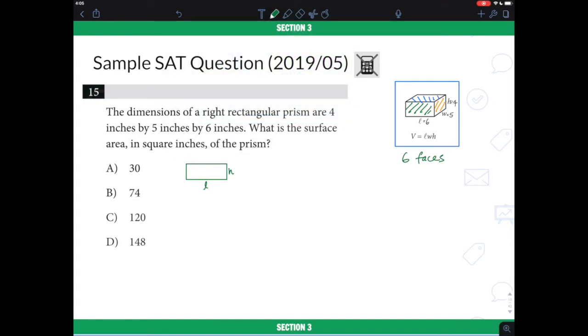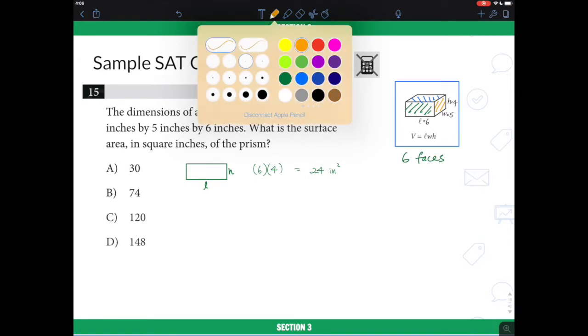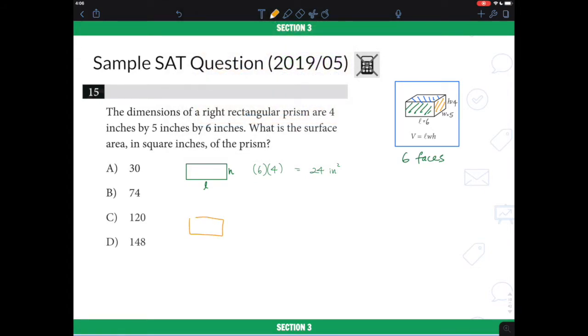Length times height is 6 times 4, which is 24 square inches. That's the little face right there. Then we have the orange side, which is width times height: 5 times 4, a total of 20 square inches.